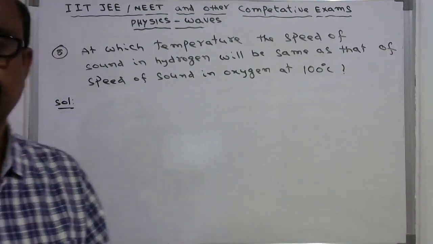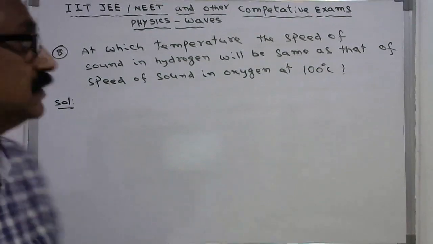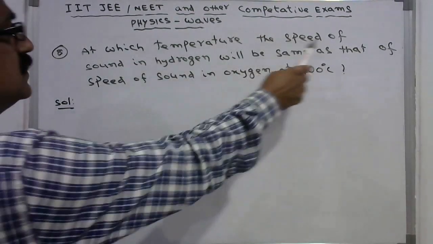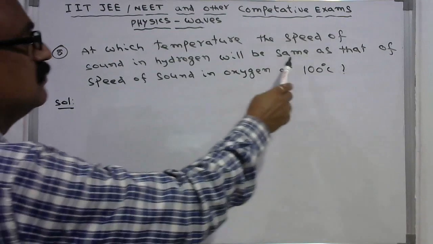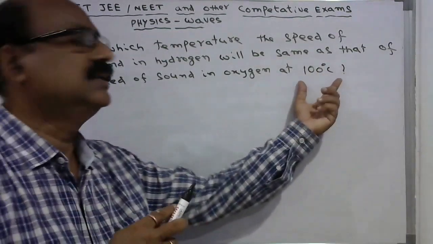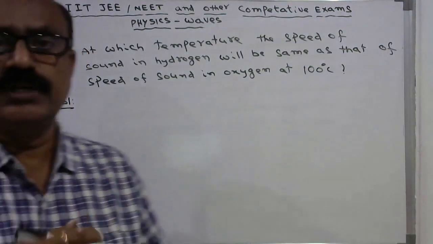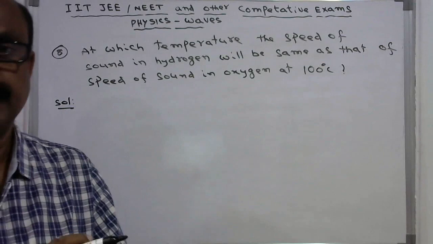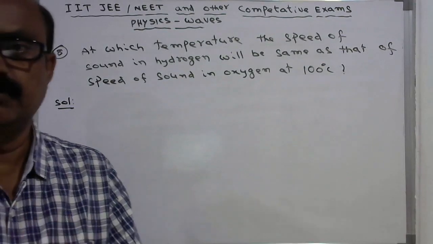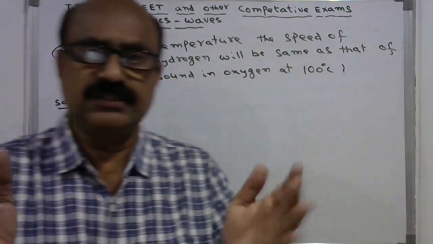So in the other type of problem, at which temperature the speed of sound in hydrogen will be the same as that of speed of sound in oxygen at 100 degrees centigrade. See here, there are two types of gases. One is hydrogen, another one is oxygen. But the velocities must be the same.